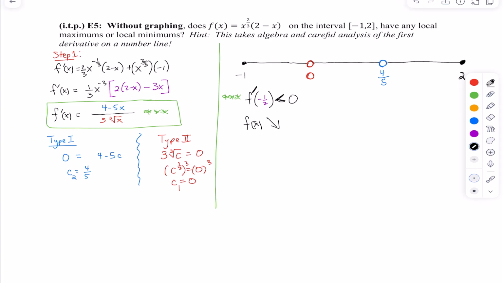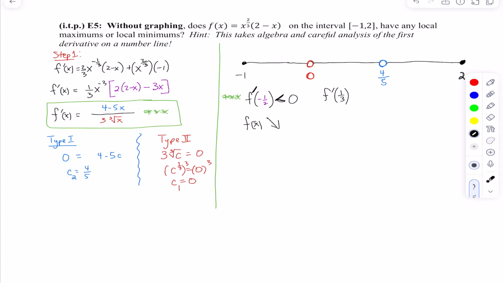Next, we're going to test the next open interval. We're going to look at this open interval, and we need to pick a test value. Let's pick f prime of 1/3. Okay, you just got to pick a number between 0 and 4/5. It's your choice. You put that 1/3 over here and see if this first derivative is positive or negative.